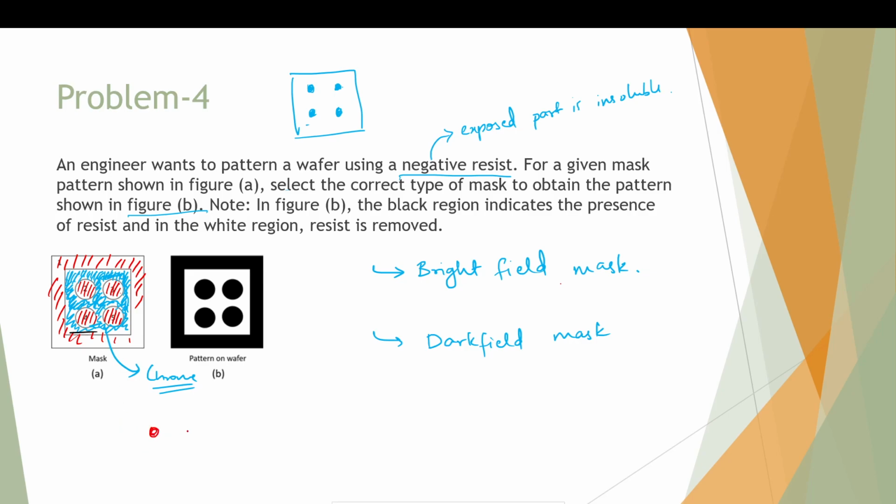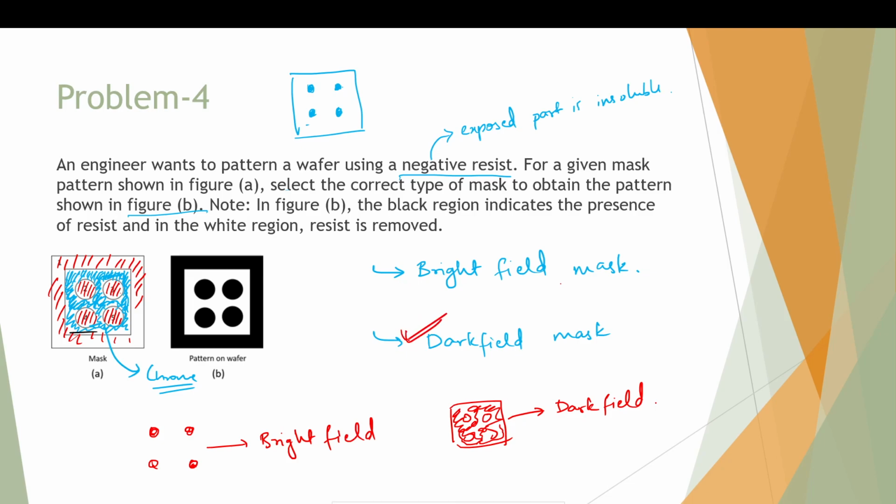If I had chrome in the circular regions, it would be called bright field, and if I have chrome everywhere except the circular regions, then it is dark field. So in this case it should be dark field. Is that okay? Okay, thanks.